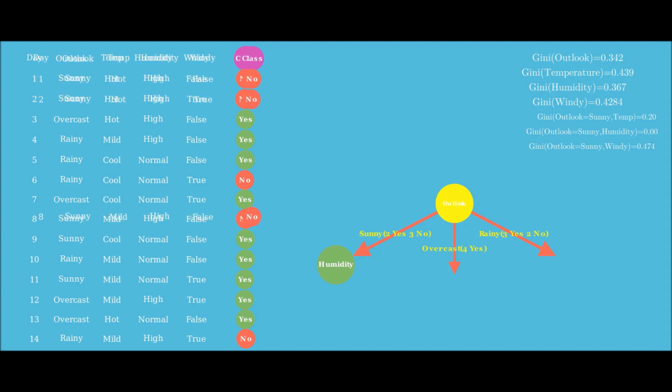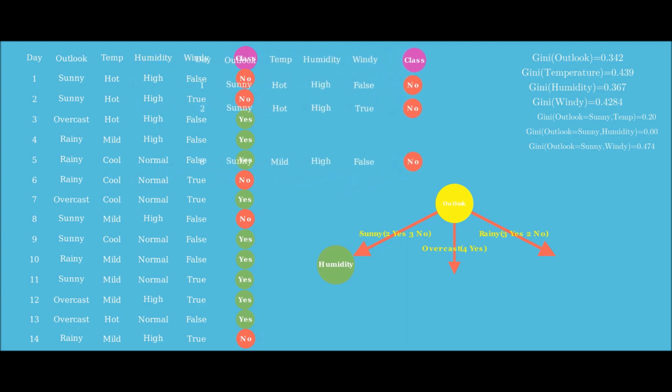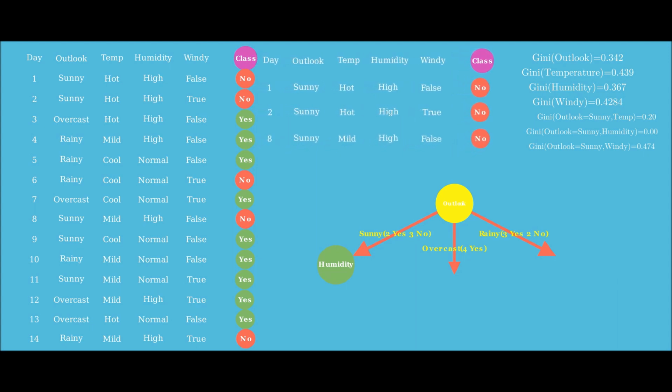Now if you see the value of outlook feature here for sunny and humidity high, all are mapping to class no. So that would be a leaf node, because no is a class.